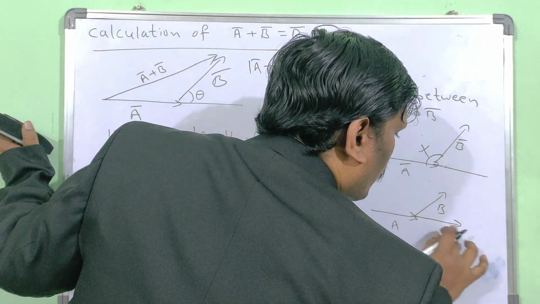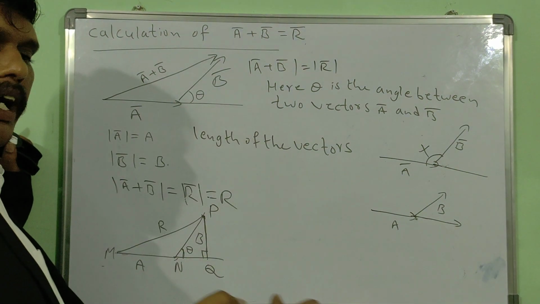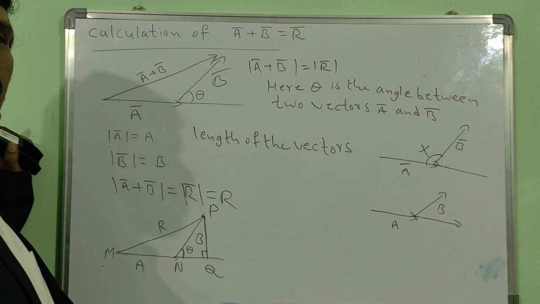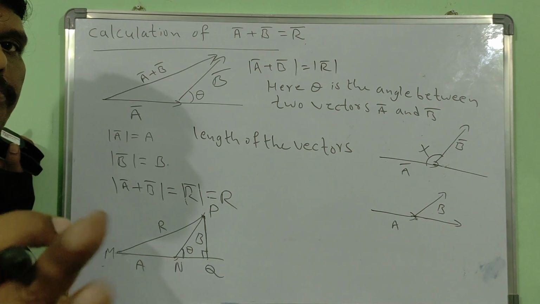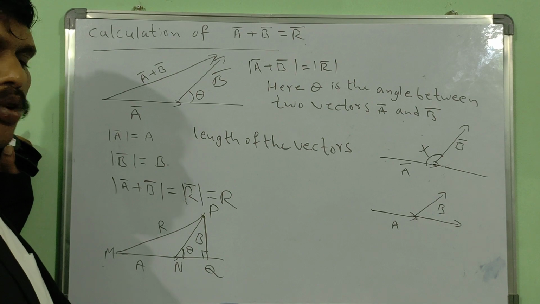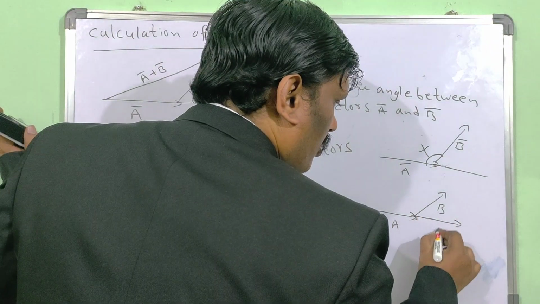Parallel sliding, angle between two vectors and unit vectors, I explained in detail in the previous video. Please go through it. So this is the parallel sliding of vector A bar.